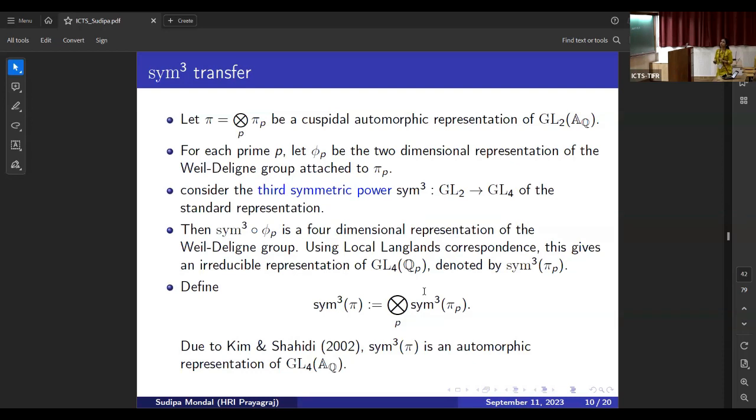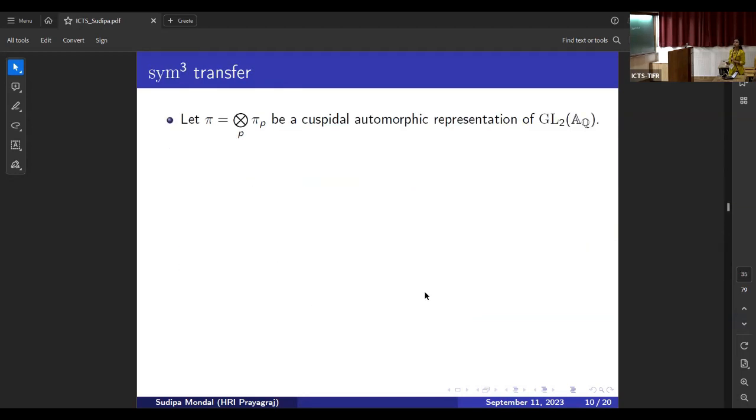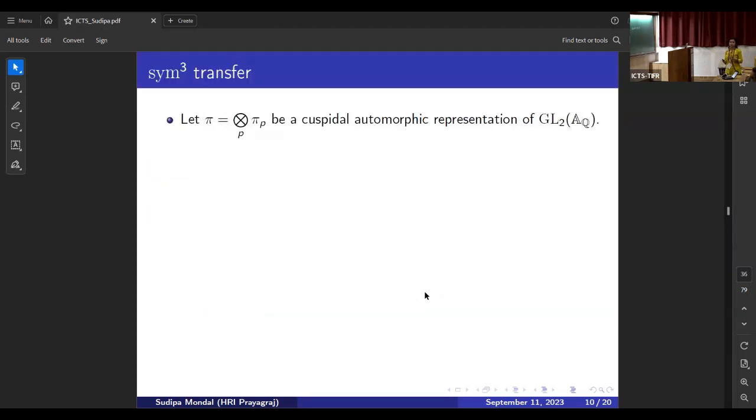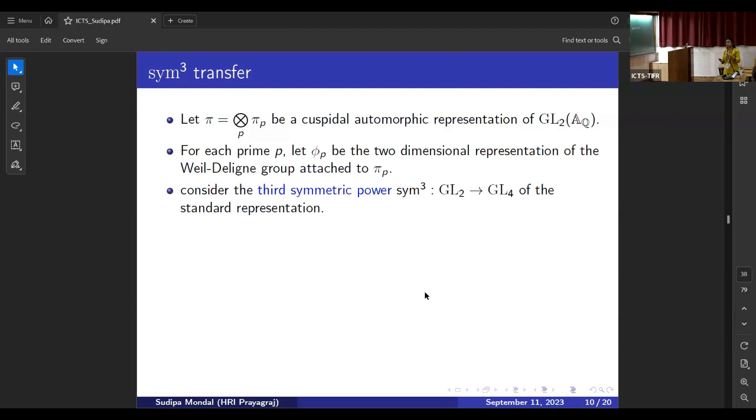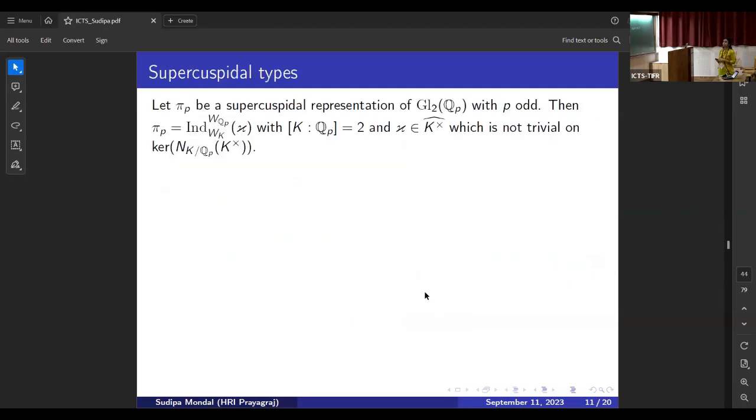Yes, that will be phi p, but I have written it here so that people don't get confused. So the phi p will look like this.